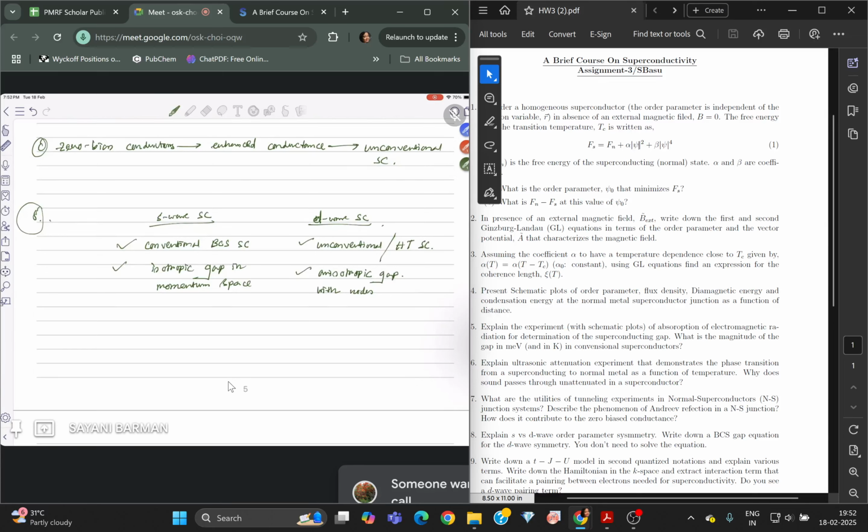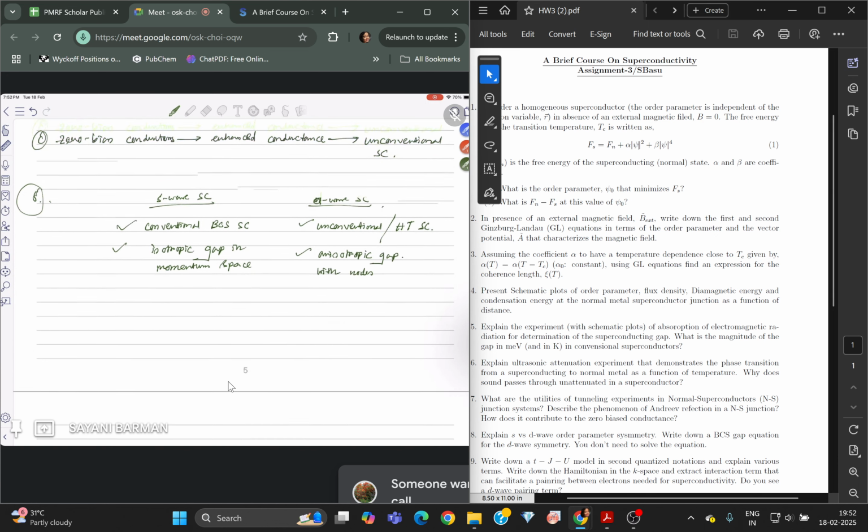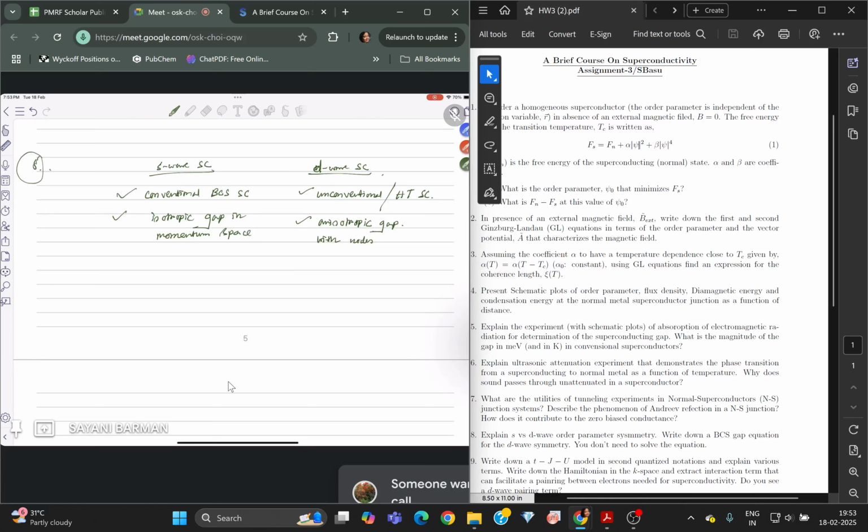And now they have asked for the equation: the BCS gap equation for the D wave superconductors.